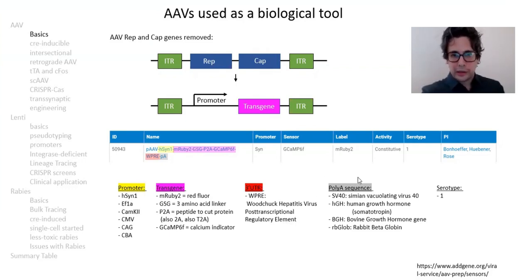And you need a poly-A sequence. And you often have the serotype here, and they're using now the new nomenclature where they just call it 1, and they just assume that, yeah, the genotype of the genome is from 2. And you can note here that you can have all variety of transgenes, red fluorophores with a calcium sensor, with a peptide cutter, all sorts of whatever you need for your project as well.